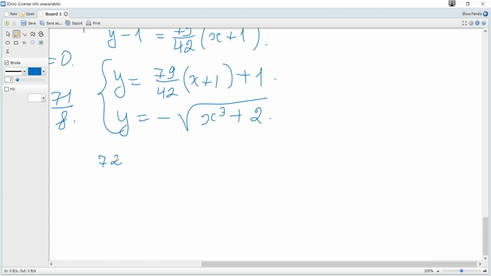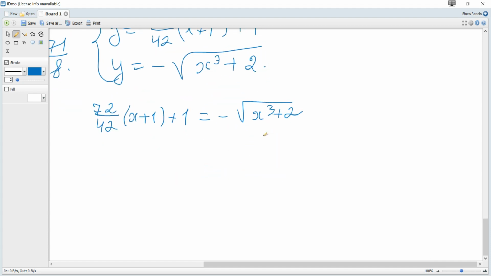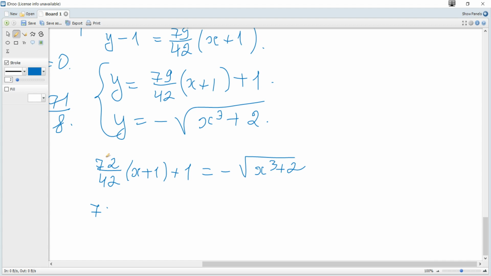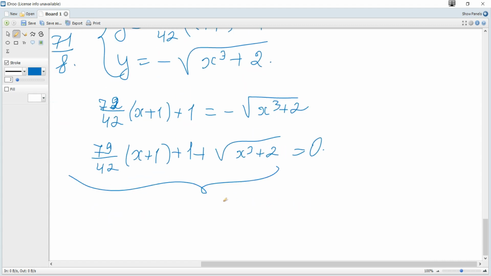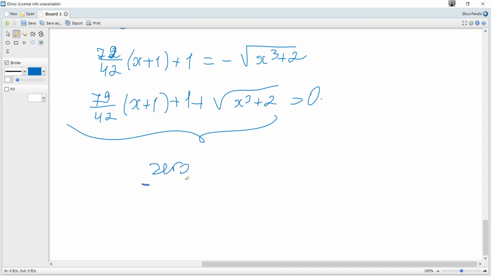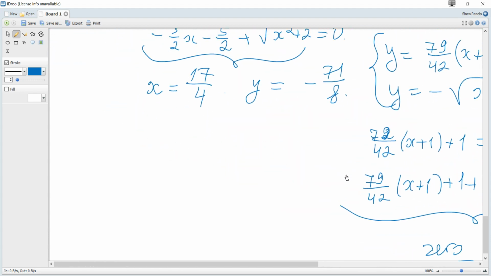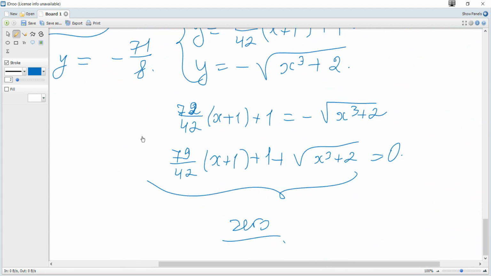So again, you may plot 2 graphs and find the point of intersection, or you may move it to the left and plot only one graph equated to 0. So plot this graph and find the zero.